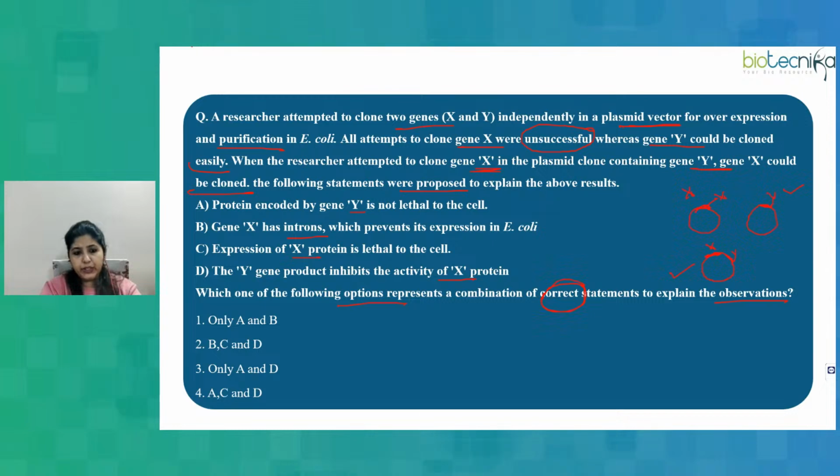And when attempting to clone gene X in plasmid clone containing gene Y, X could be cloned. These are the three things that you have to keep in mind. Okay, Satyam, you are saying option 4. Yes, please try everyone. One more minute I'm giving.